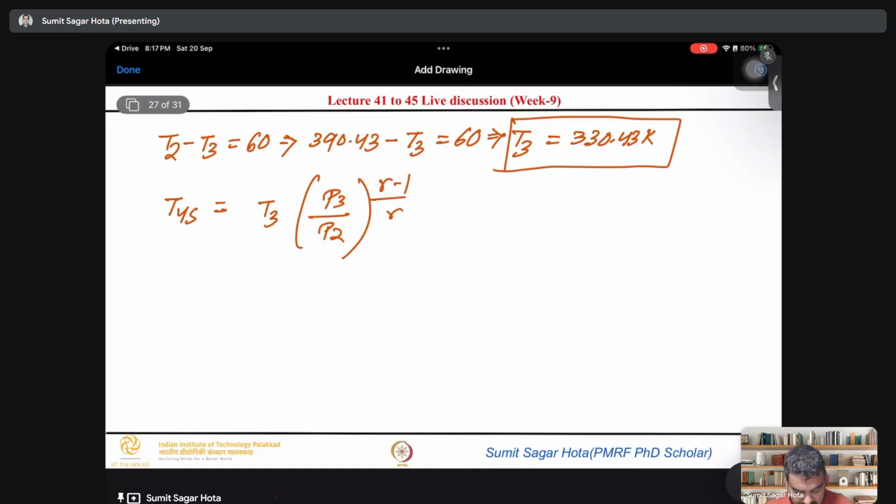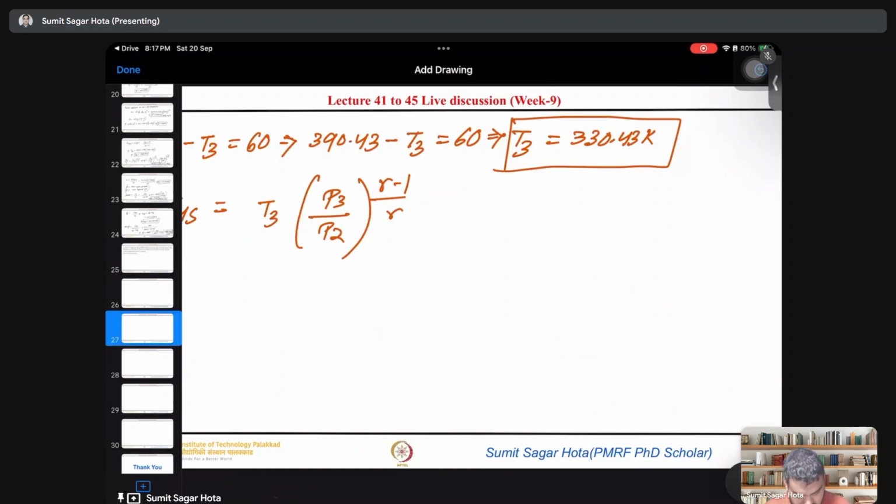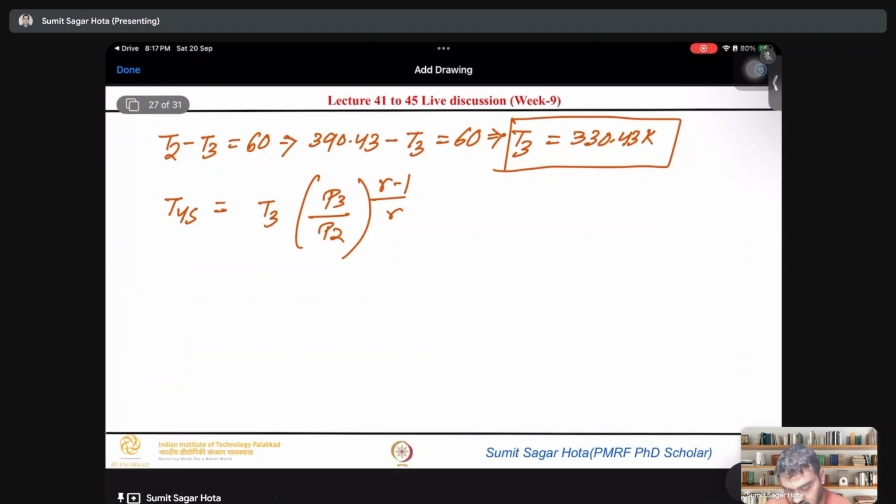Because the pressure is constant throughout: P2 equal to P3, and P3 equal to P4 pressure. So just take the pressure ratio value and put it to find the value of T4S.